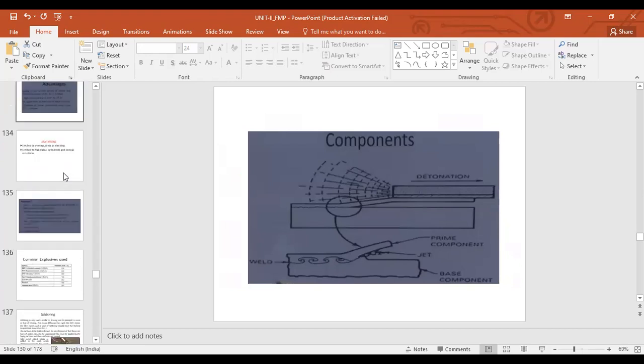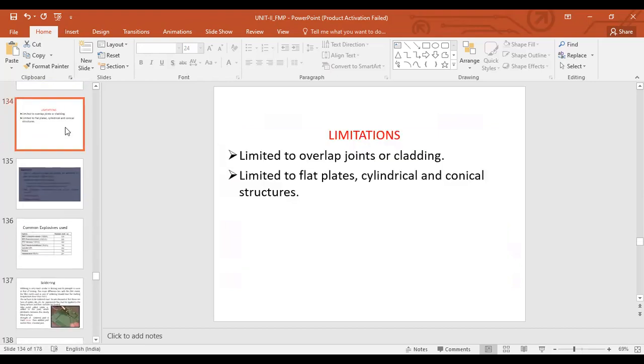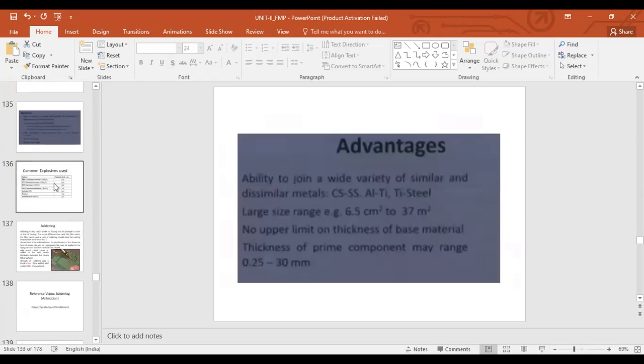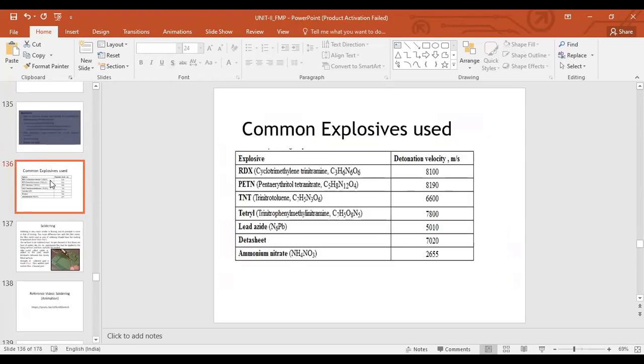So that was the operation, and we even saw the limitations and advantages of it. Just a quick overview. The common explosive, as you know, some of them TNT, RDX, etc. depends, and their use will be as per the velocity that we want to achieve, which will depend on the material and mechanical properties, right, etc.